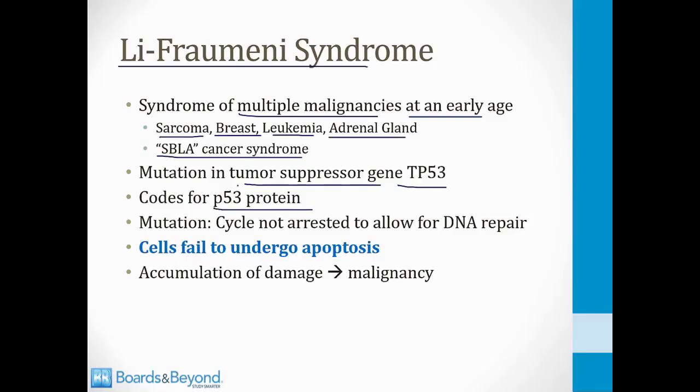When there's a mutation in this tumor suppressor gene, the cell cycle is not arrested to allow for DNA repair because p53 function is abnormal. As a result, cells of patients with Li-Fraumeni syndrome fail to undergo apoptosis as they should when there is DNA damage. Over time, they accumulate DNA damage, and that leads to malignancies in all these different organ systems.